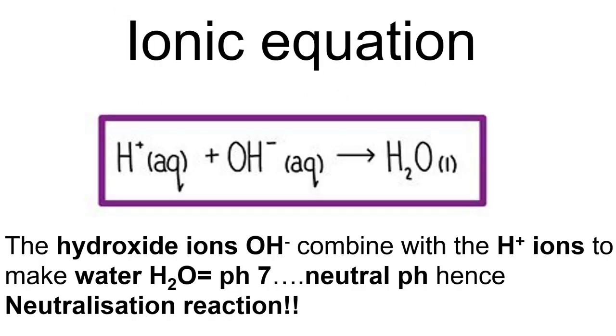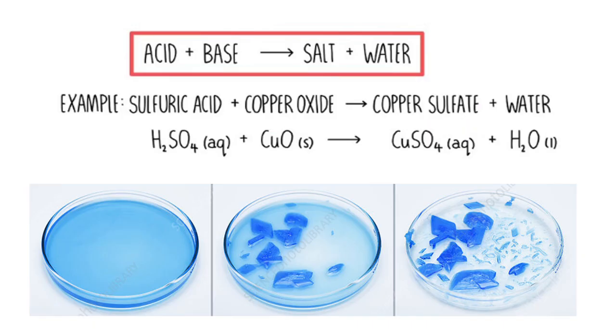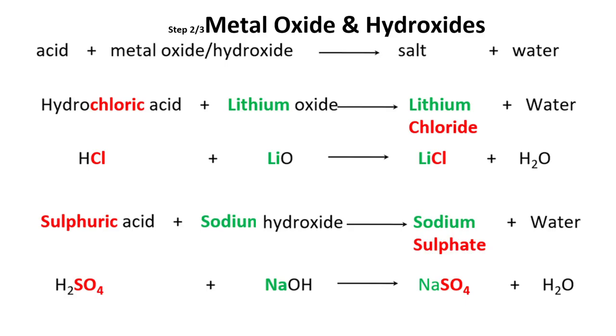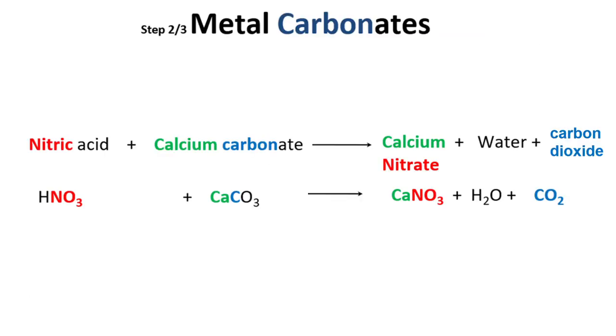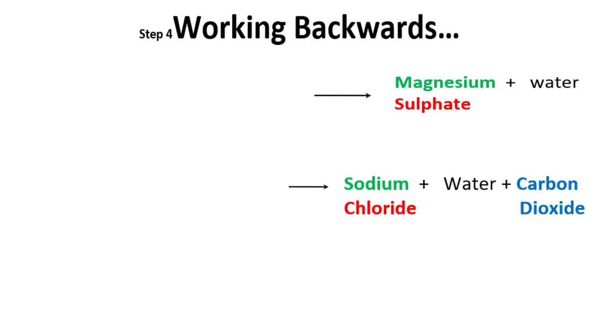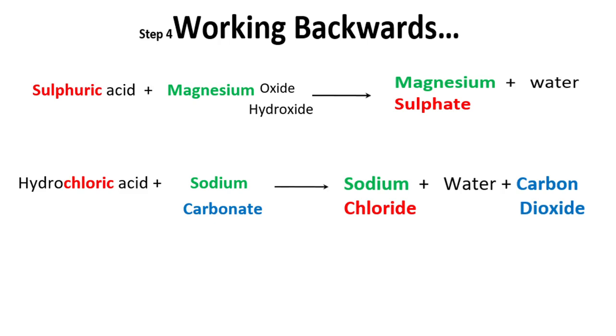The ionic equation for neutralization is the hydroxide ion reacts with the hydrogen ion to form water, and it's called neutralization because water has a pH of 7. So here's the one you did before, and you need to be able to predict which ones will make what salts, as well as working backwards.